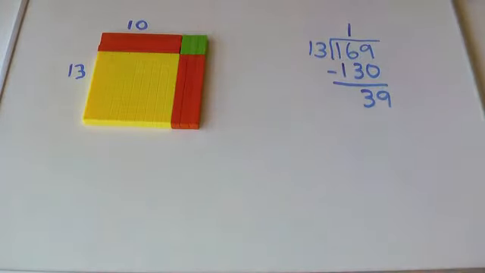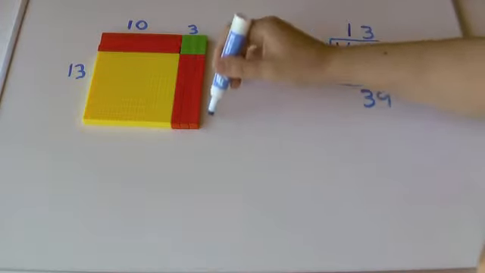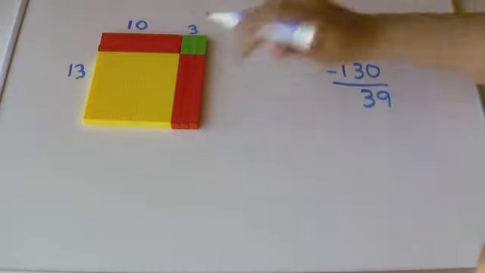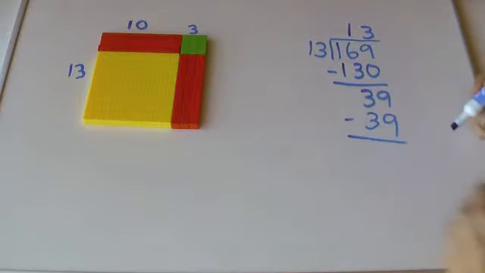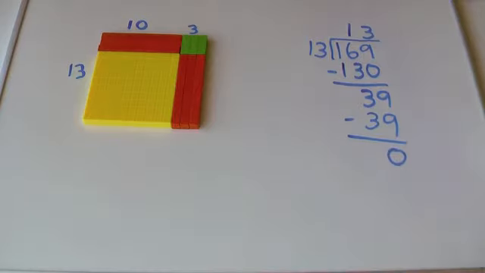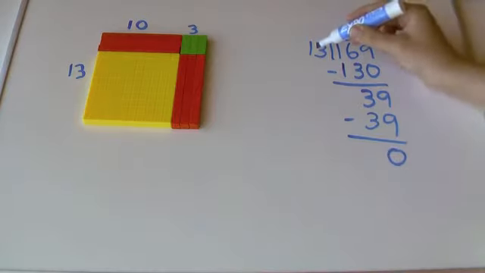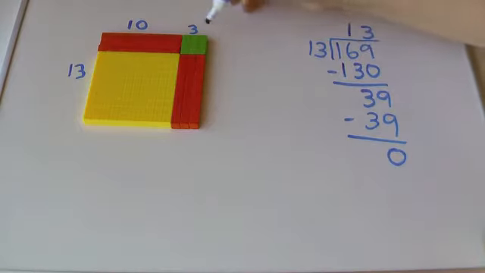So I put it there, and I've gone across 3. So I put a 3 there. 3 times 13, here's 3 times 13, this is the amount I just took away, is 39. And now what do I have left here? Nothing. 39 minus 39 is 0. So 169 divided by 13, the other side of my rectangle is 13, and this rectangle just happens to be a square.